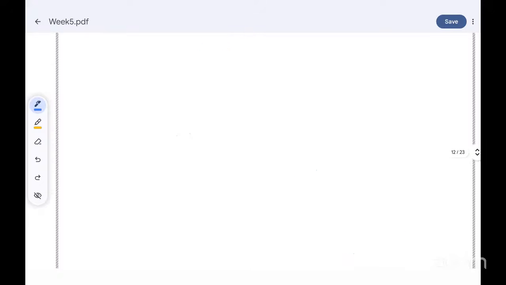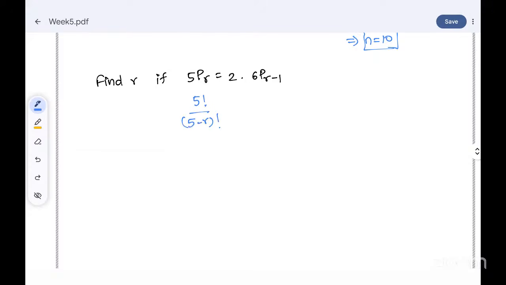So you have one more problem. Now instead of finding n, you have to find r if 5Pr is equal to 2 times 6P(r minus 1). Now again applying the formula, what will you get? 5 factorial divided by (5 minus r) factorial is equal to 2 times 6 factorial divided by (6 minus r minus 1) factorial, right?